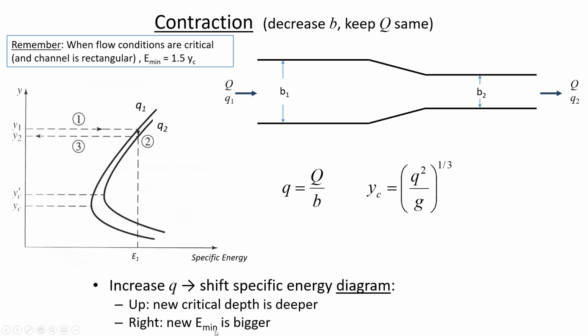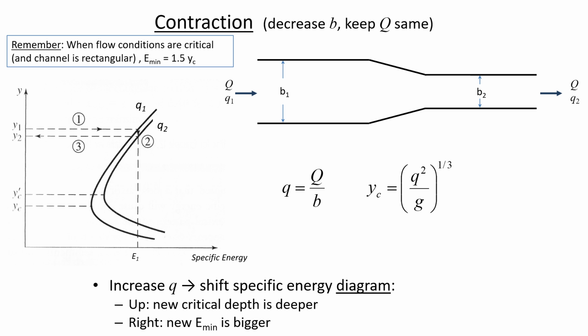So the new E minimum is larger because, remember, we've said that E minimum is YC times 3/2. Because at the critical condition, depth is 2/3 of the specific energy.